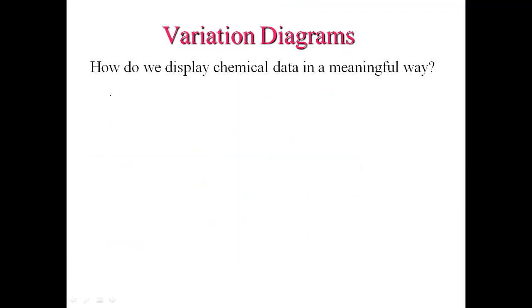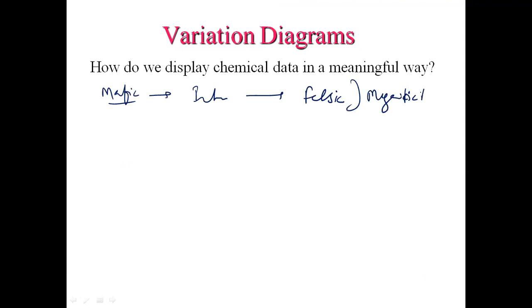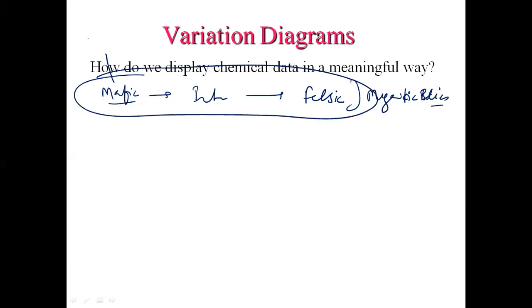So suppose through a magma series you have mafic, then intermediate, then felsic magma. These are magmatic bodies, and this whole thing is called a magma family.